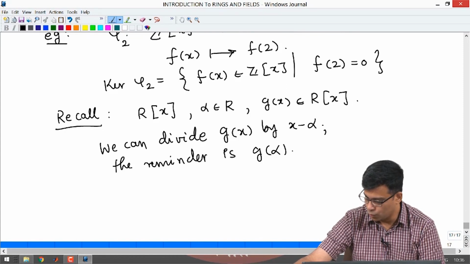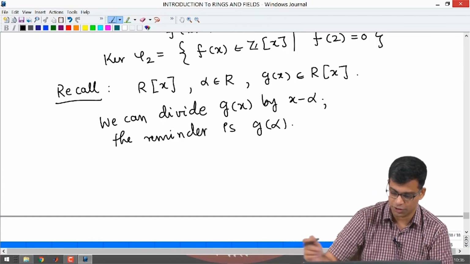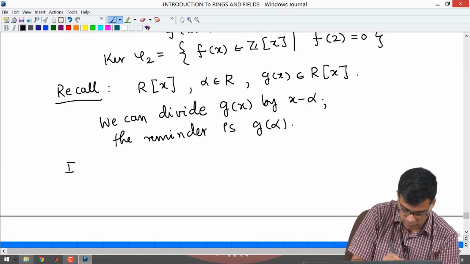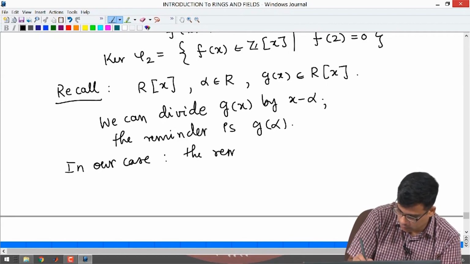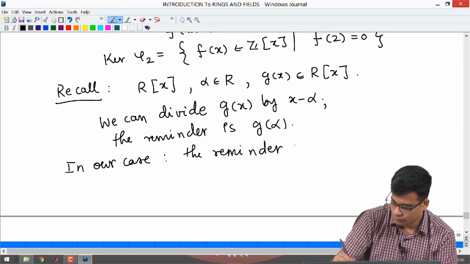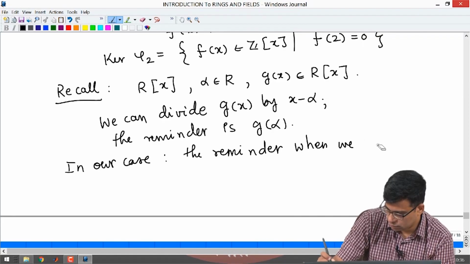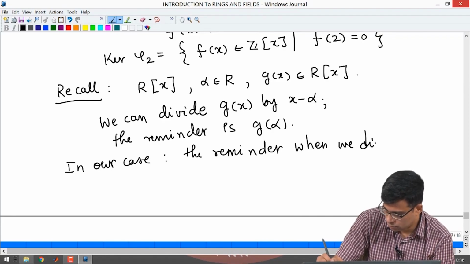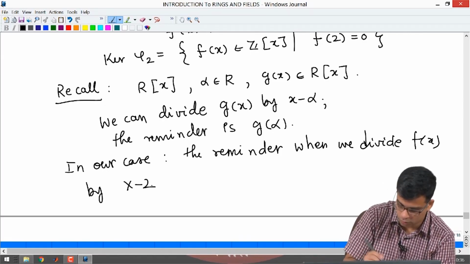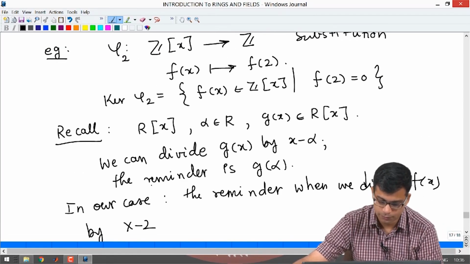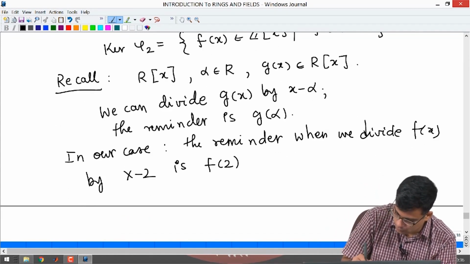So, now if you apply this idea to our situation, in our case the remainder when we divide f(x) by x minus 2 is f of 2, right.